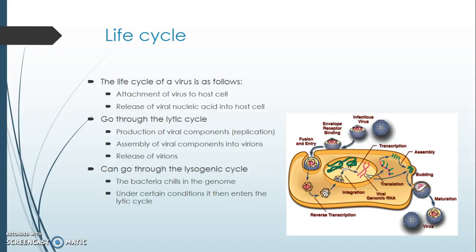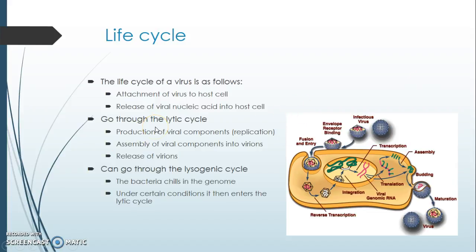And so their life cycle is pretty much as follows. They attach to the host cell, whether it be a bacteria, a eukaryotic cell, or whatever it may be. They will then release their nucleic acids into the host cell, and then they will incorporate that nucleic acid into the host genome, and so then you have two cycles that you can go through.